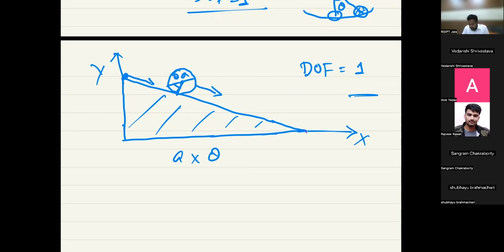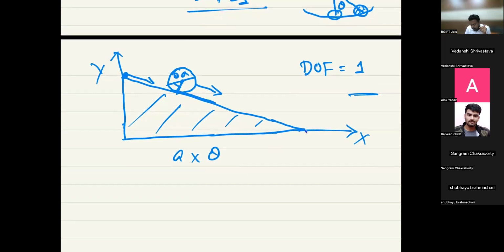Okay. Now, let's change this problem a little bit. This coin not only can rotate, but it can also slip. Then how many degrees of freedom will we have here? You understand the difference between rotation and slipping.